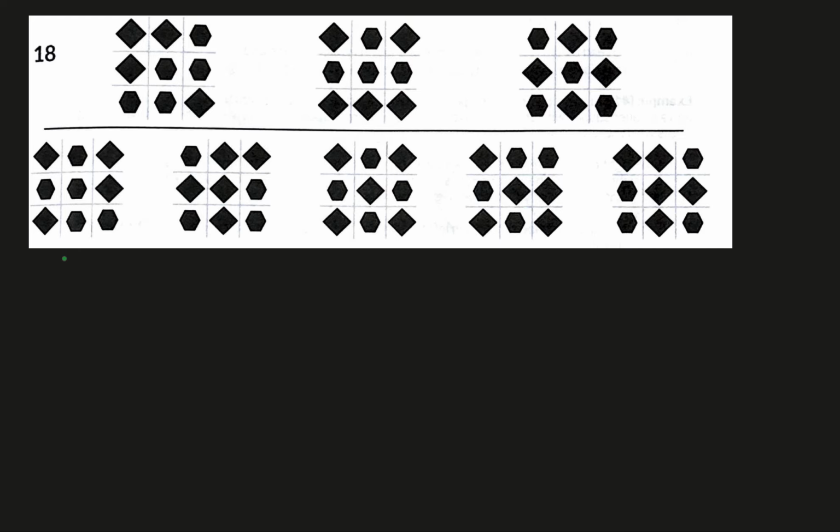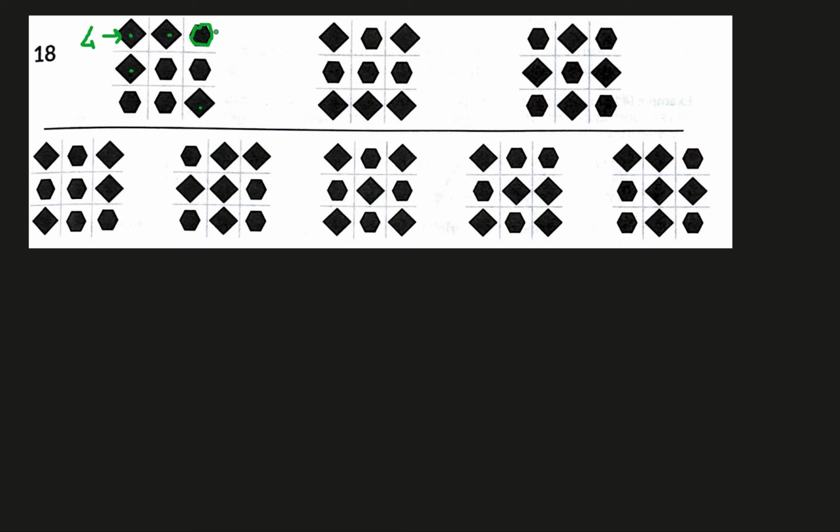This one again looks like a busy problem, but what we really have here is a tic-tac-toe type of situation where we have squares. Let's count how many squares rather. 1, 2, 3 and 4. So let me put that number 4 indicating squares, and these small figures are hexagons. How many? 1, 2, 3, 4, 5.